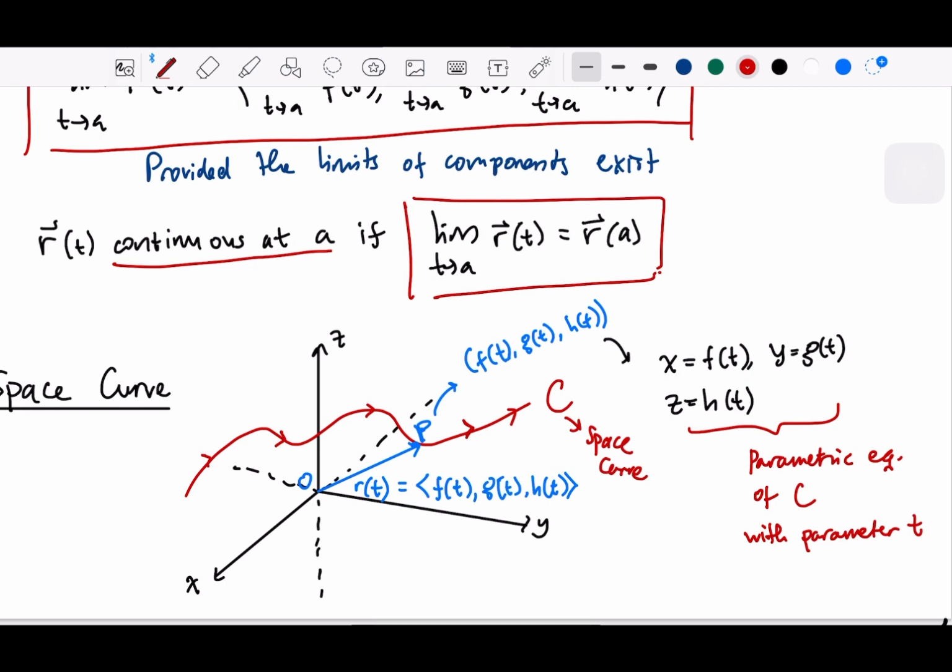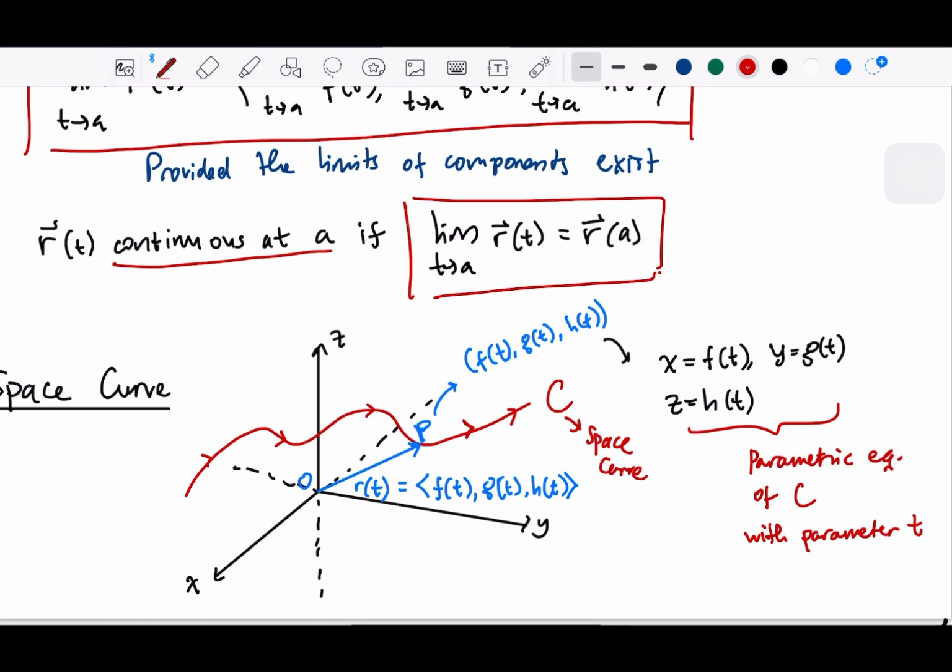So we can think of the space curve as something we can trace with our vector function r. We can trace from t equals something, maybe 0 or negative, and evaluate this curve through these vector functions.